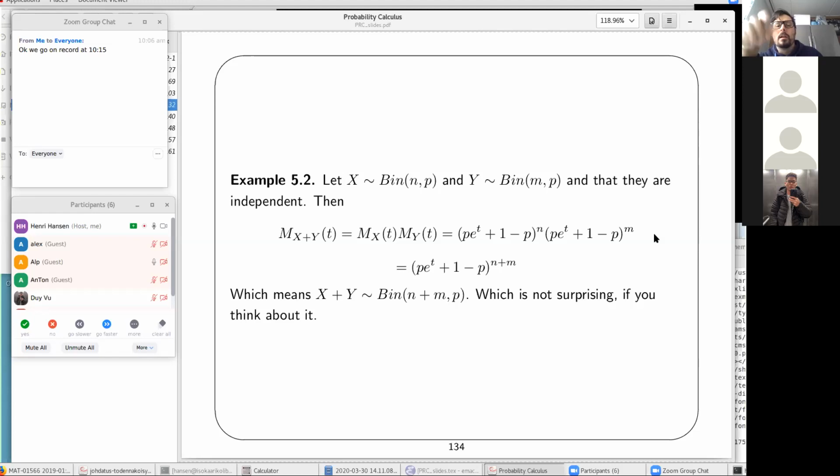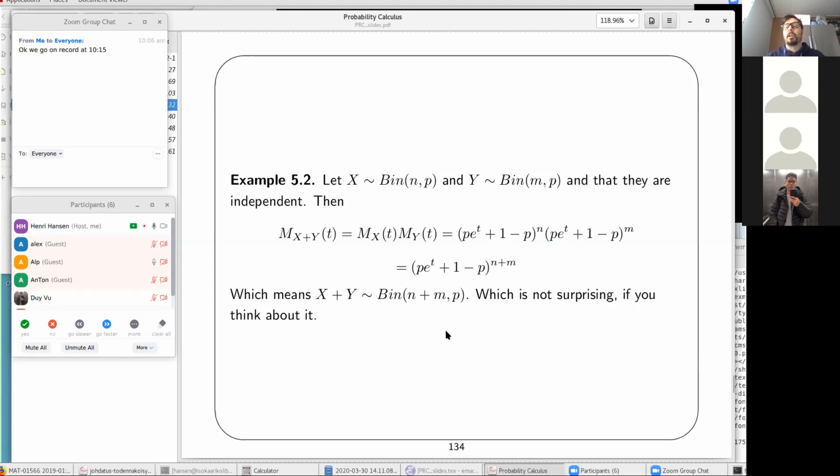Then we calculate the moment generating function of x plus y. We get the moment generating function of x times the moment generating function of y. The moment generating function of the binomial distribution looks like this. We already proved that. When we multiply these together, we notice that the exponent changes into n plus m. So this is the moment generating function of a binomially distributed variable with n plus m repetitions and probability p.